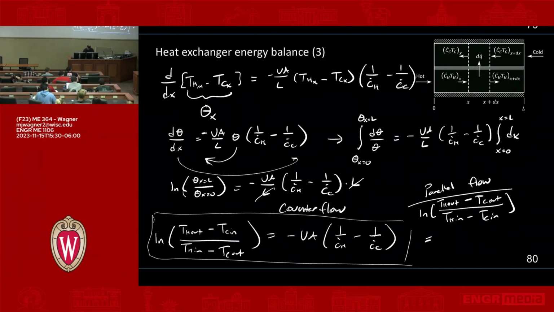That's equal to minus UA times 1 over C dot c plus 1 over C dot h. All right, so the important differences here are these temperatures up here, and then the fact that you have a plus sign on the capacitance rates. But you just do the same analysis, go all the way through, and you get to that point. Questions on this?